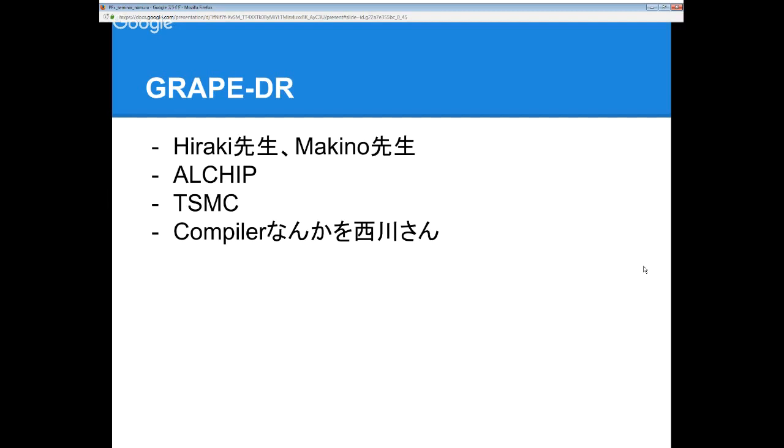At that time, this was the first time I met Nishikawa-san, but actually I did not remember it. He was just a student. Okay, so for this project, I think we got second place in the Green 500.